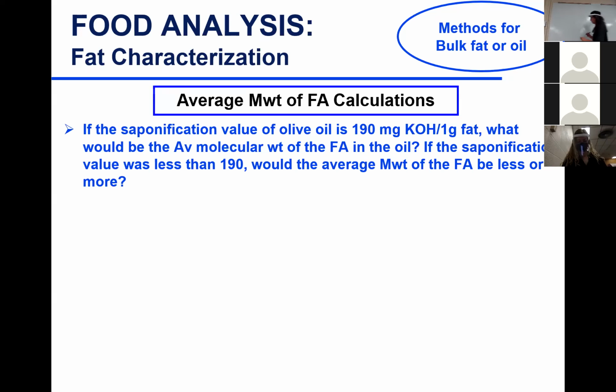You want to remember in a very simplistic manner: triglycerides, TG, one molecule or one mole, reacting with 3 moles of KOH to give you glycerol plus fatty acid salt, 3 fatty acids.